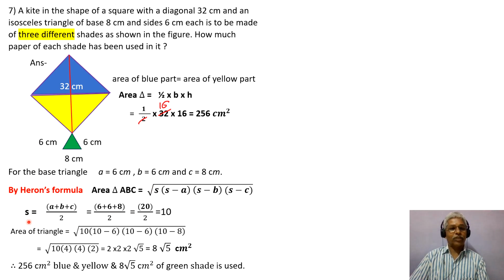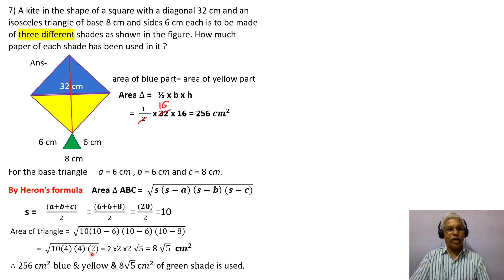Substitute. Let us calculate S first. S equal to A plus B plus C upon 2, or 6 plus 6 plus 8 upon 2, that is 20 upon 2 or 10. Now substitute in this formula. So area of triangle equals root of 10 into 10 minus 6 into 10 minus 6 into 10 minus 8, that equals root of 10 into 4 into 4 into 2. We can take this 4 out as 2.